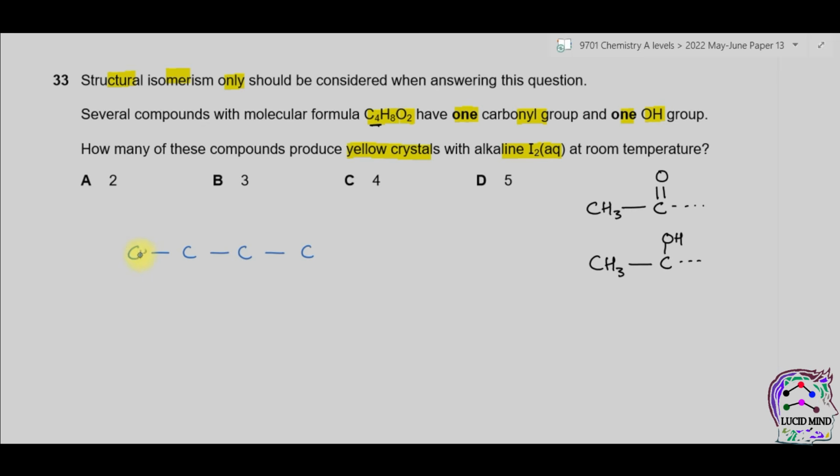Now let's suppose this is CH3, this one is also CH3, and this carbon contains a carbonyl group and this carbon contains an OH group. So now we can see we have CH3C double bond O ketone, and we also have secondary alcohol. So this is the possible structure.